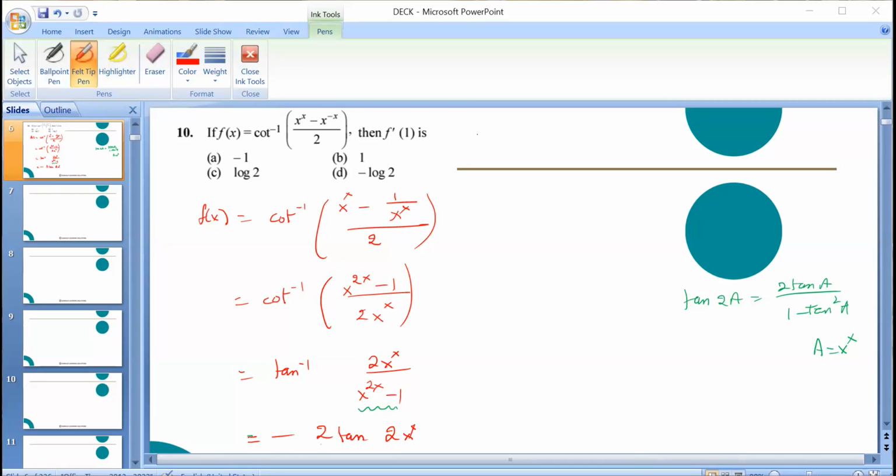Now we will find the derivative. Minus 2 is a constant. The derivative of tan inverse x is 1 by 1 plus x square, into the derivative of the inner function. The derivative of x power x is x power x into 1 plus log x.